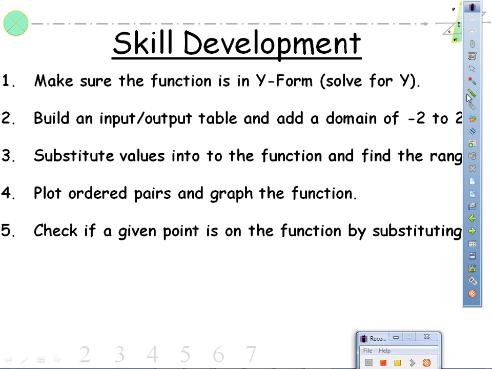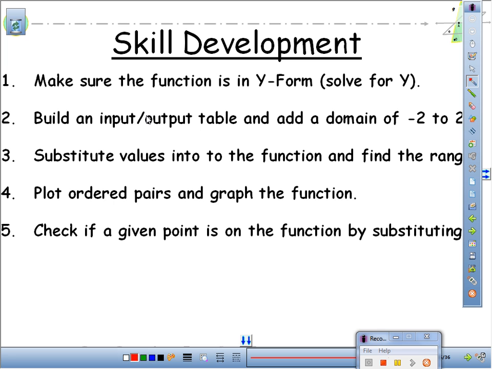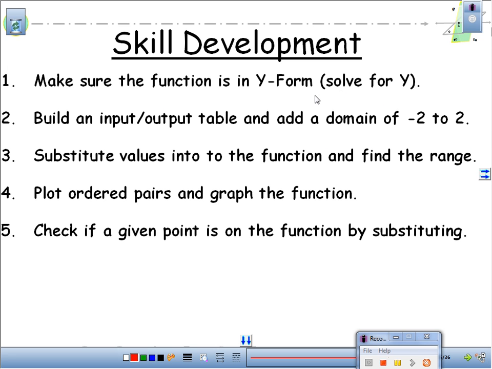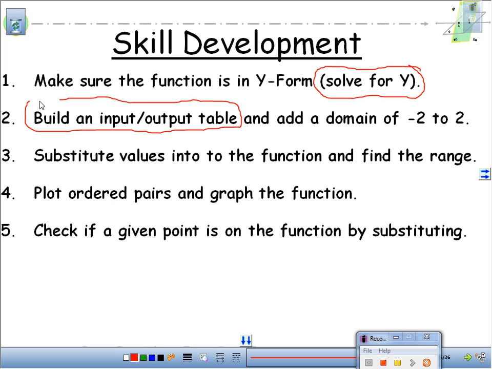All right, as you're finishing up your notes, here is what to circle or underline to make it easy to remember. Step 1, solve for y. Step 2, build an input-output table. Step 3, find the range.